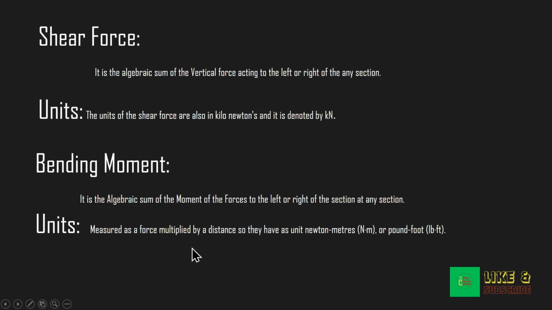That means the difference between the bending moment and shear force is that in shear force, we calculate the vertical force, and in bending moment, we calculate the moments of the forces. It is measured as a force multiplied by its distance, so its unit is newton meters or pound foot.